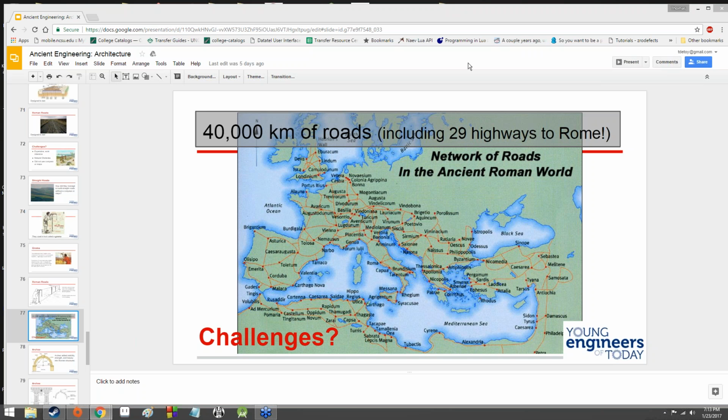So that means the Romans essentially built a road that went back and forth from coast to coast on the U.S., what, 8 times? Yeah, 8 times.